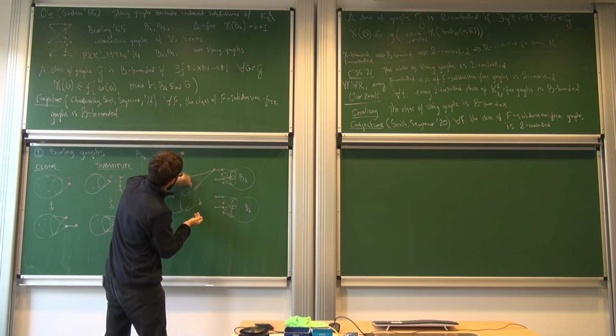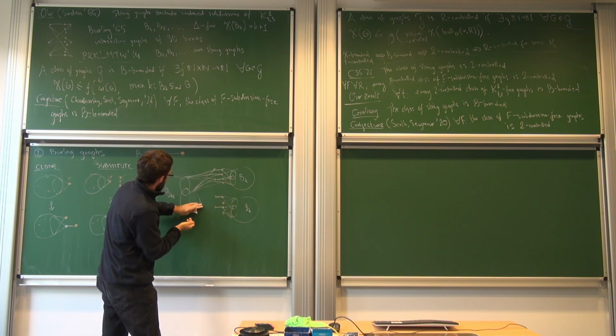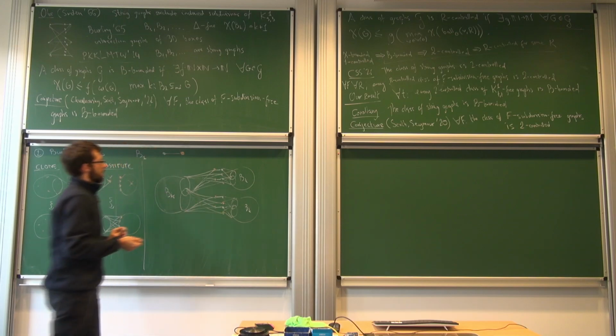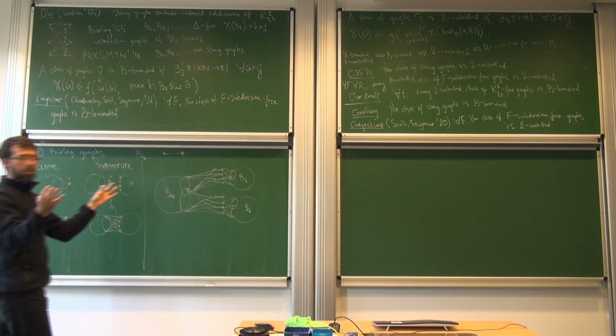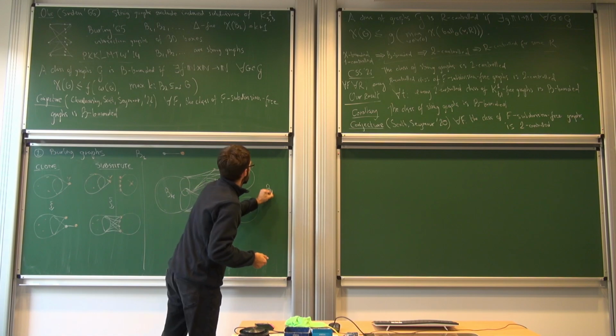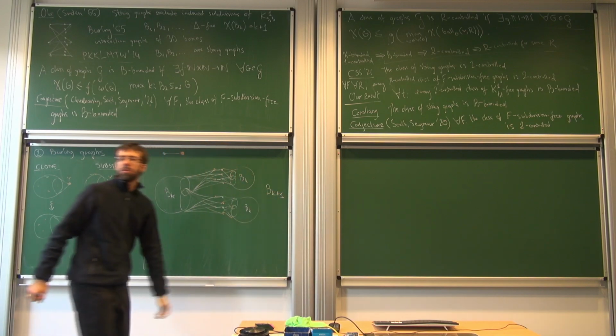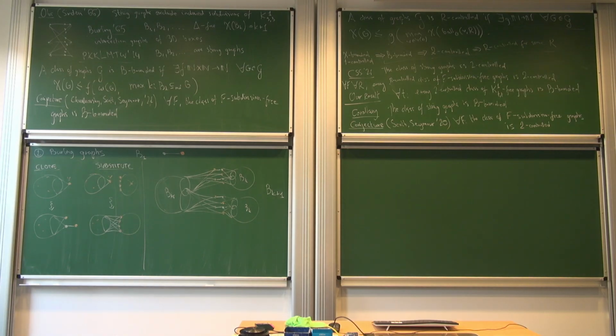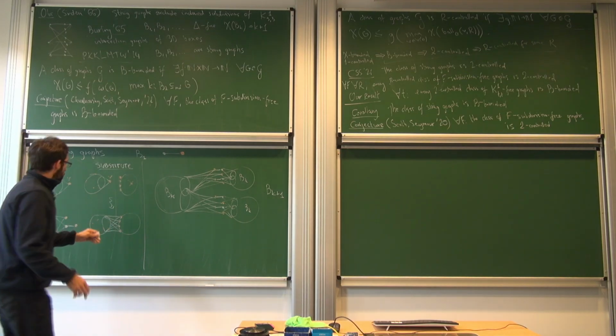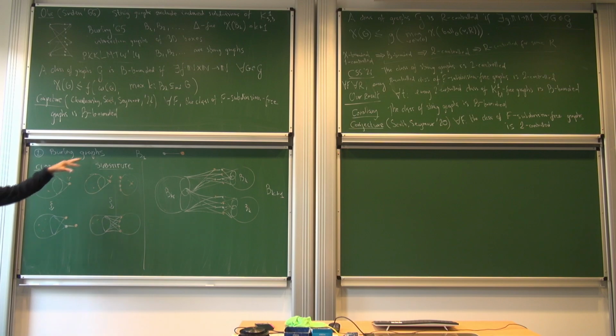So this and this, and whatever we obtain is our BK plus 1. Okay. So because these operations preserve that the graph is triangle free, it is triangle free.